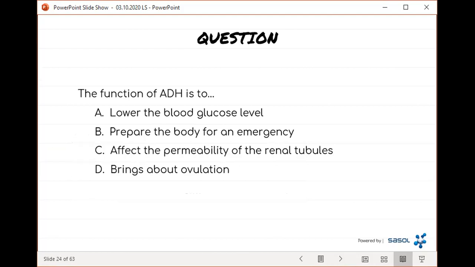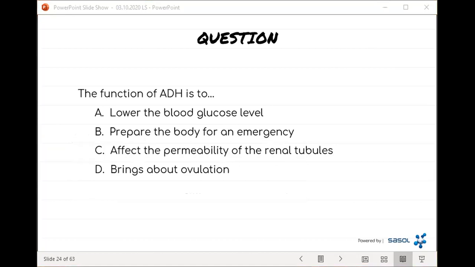The function of ADH is to A, lower the blood glucose level, B, prepare the body for an emergency, or is it C, affect the permeability of renal tubules, or D, brings about ovulation?